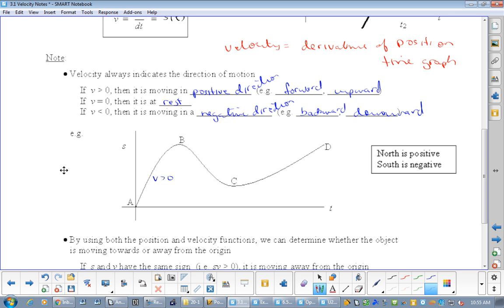Which is your velocity. So maybe by just looking at it, it went to B at a pretty good rate. At B, there was a point where it did stop, because here V equals 0.